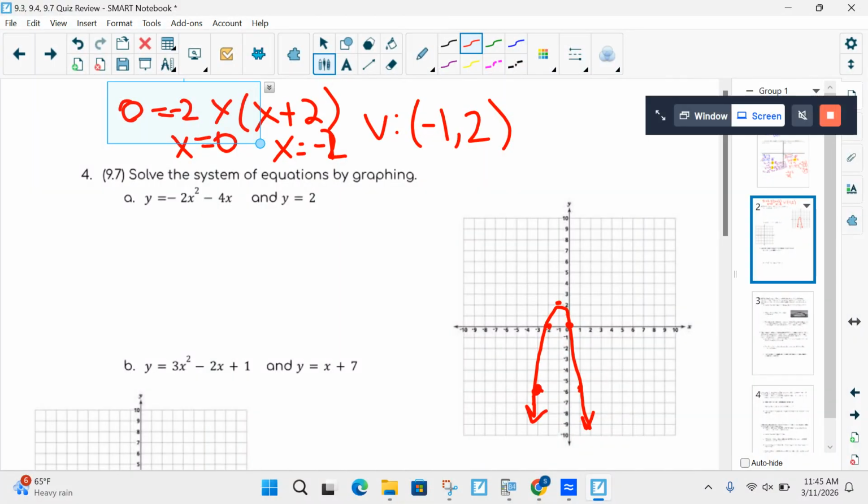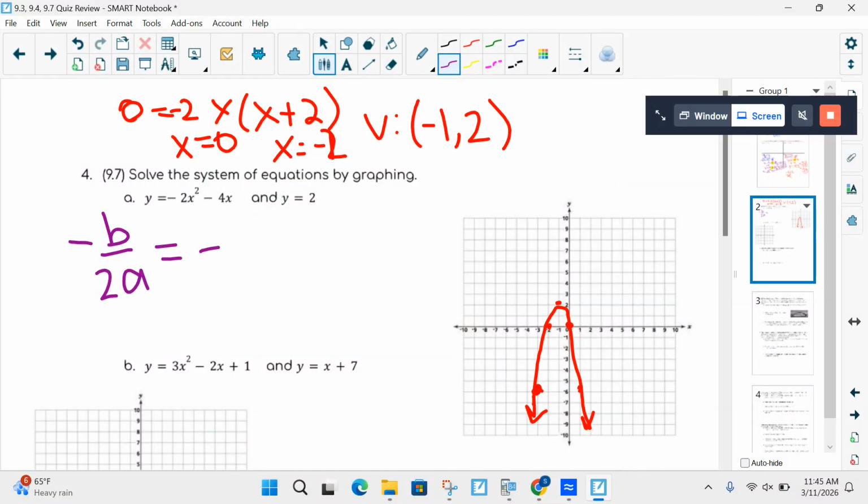My graph is not the best because this is kind of small. Henry? Because the vertex is halfway between the zeros. So if I use the zeros by factoring, 0, -2, halfway between that is -1. Let's say you didn't want to factor, or you didn't think to factor, or it wasn't factorable. You would just do -b over 2a.